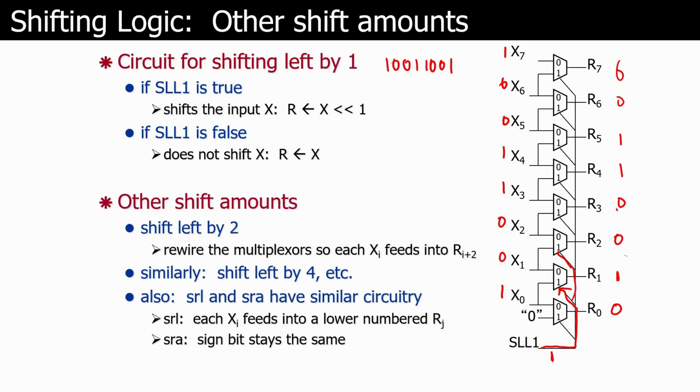We can extend this notion of having multiplexers to select which bits in a number we exactly want, but instead of linking it to just the bit going to the multiplexer above it, because that'd be for shift left 1, let's say we want to do shift left 2. Well, you would have x0 going up to r2, x1 going up to r3, and so on. Note that by doing it this way, you can shift by an arbitrary number of bits.